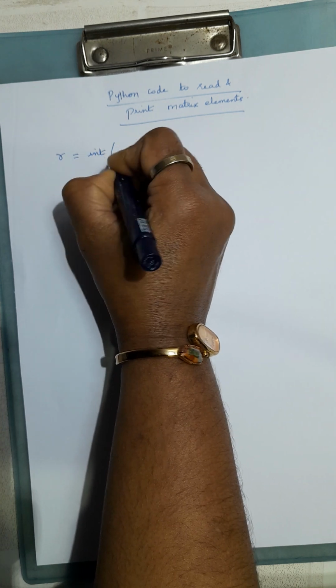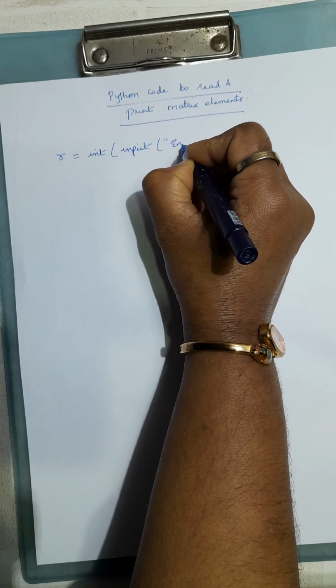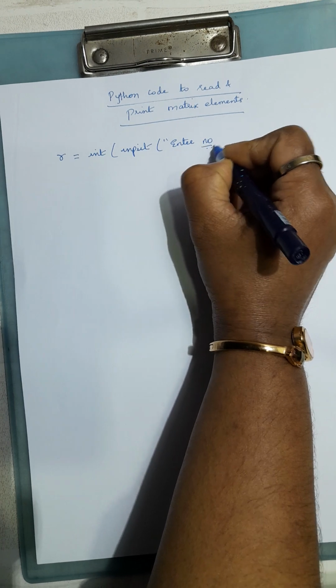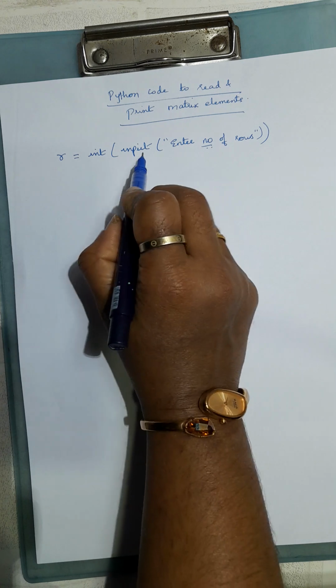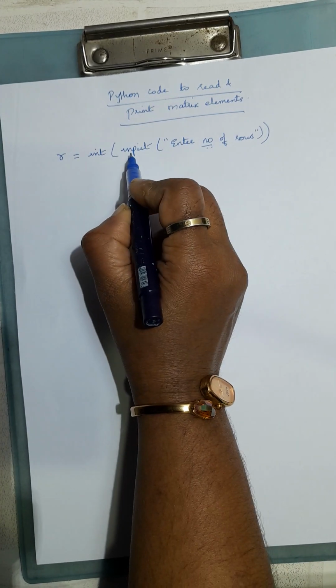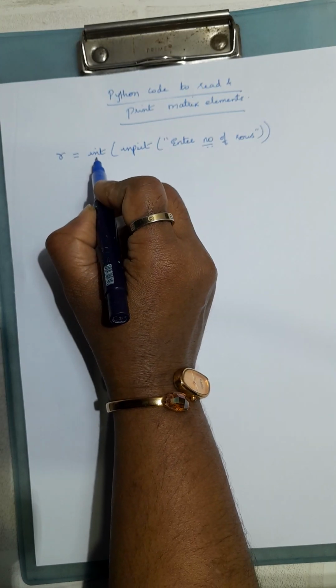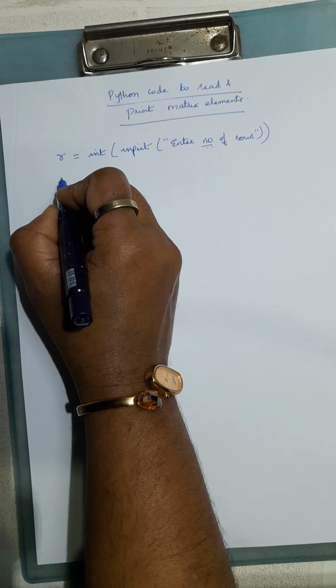How do we write it? int input, enter number of rows. Whatever value is read will be converted into the integer data type. It is a data conversion that is done.